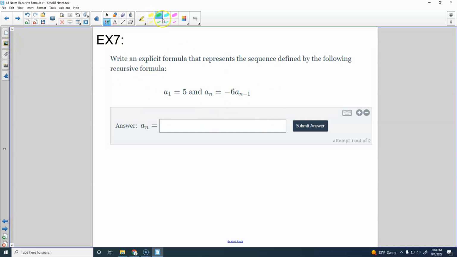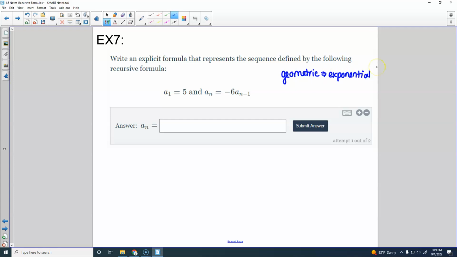So I can see here in my recursive formula that this is a geometric formula. I know that because I've got -6 times a sub n minus 1. So remember, for geometric recursive formulas, you are going to see that those are exponential functions.